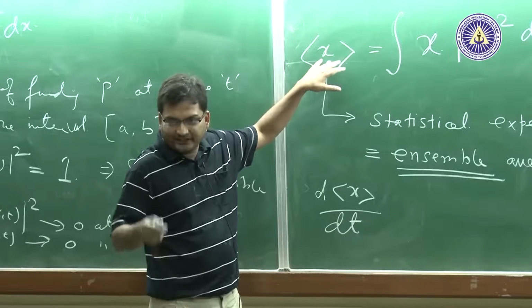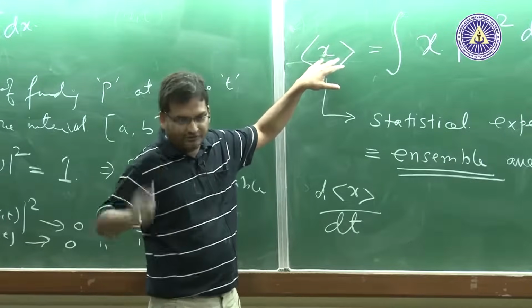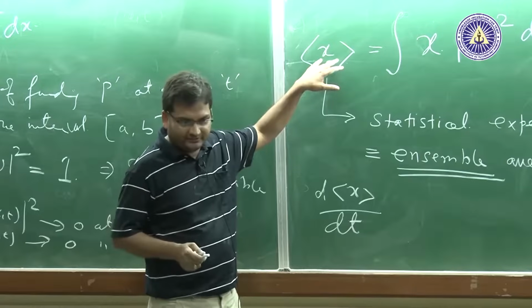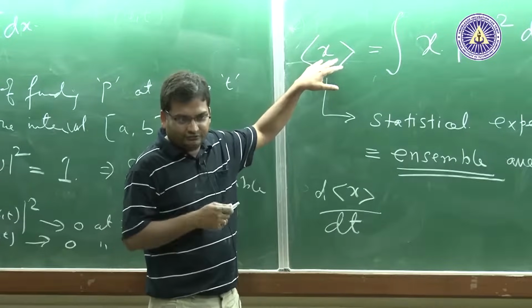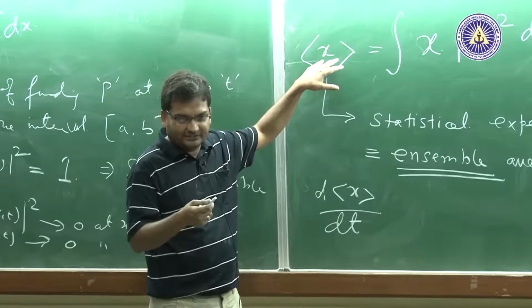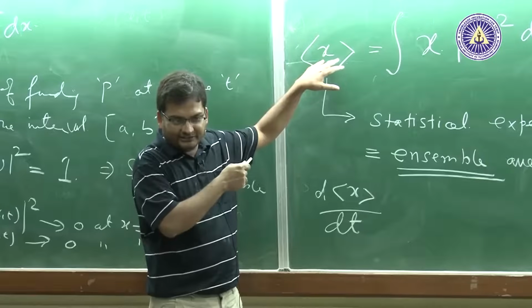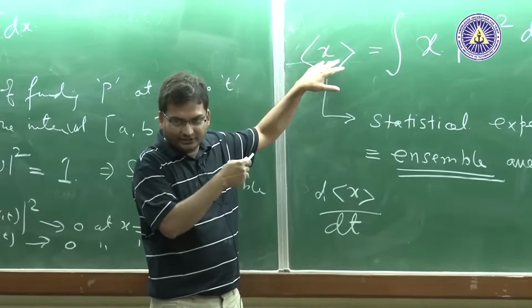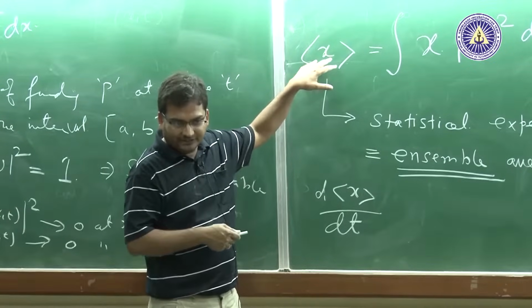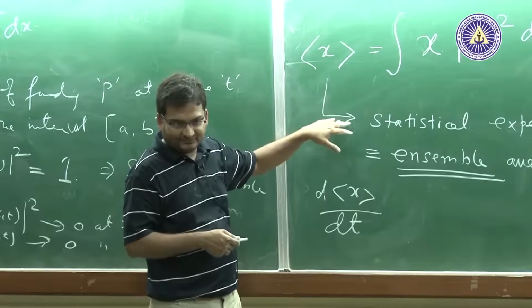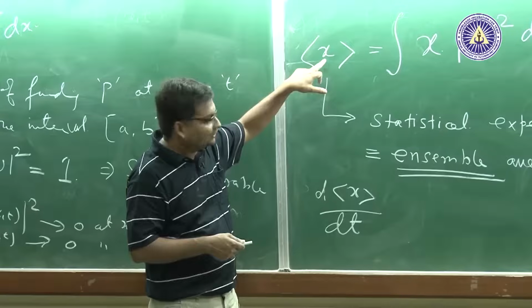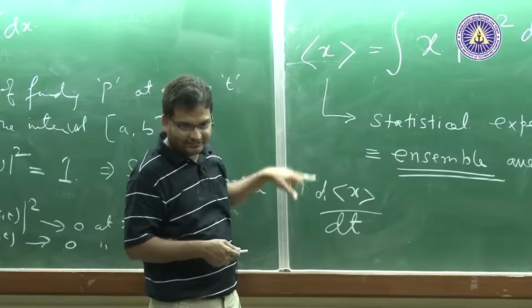Newtonian mechanics is fully deterministic, so whether I do one measurement or 1000 measurements, x is unique. Quantum mechanics is wave-like, nondeterministic, with a statistical interpretation, so I need to do a lot of measurements and can only talk about ensemble averages. So now, what is the velocity of this ensemble average?